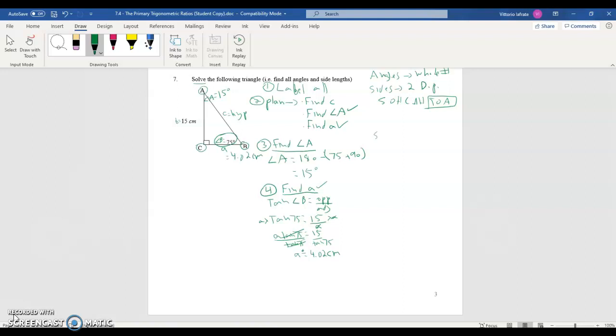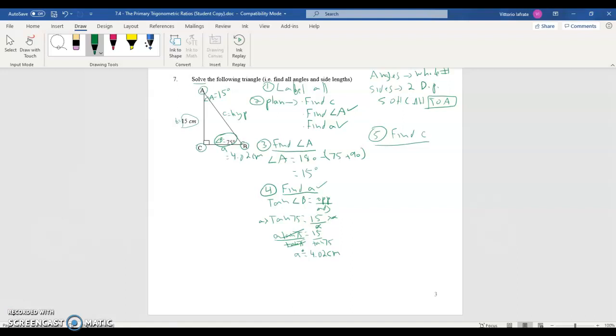So step 5, find C. And so let's take a look at the angles. We could really use any angle. Let's just use the same angle that we had here, angle 75. C is the hypotenuse. And then let's use the side given to us in the question, just so that in case I made a mistake in any of these, it doesn't carry through in my finding side C.